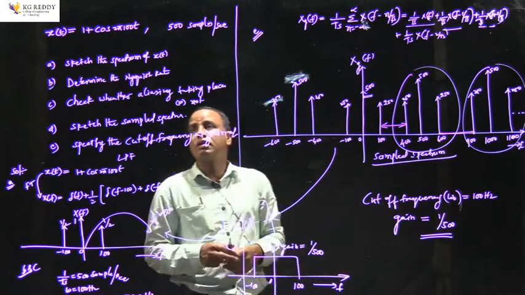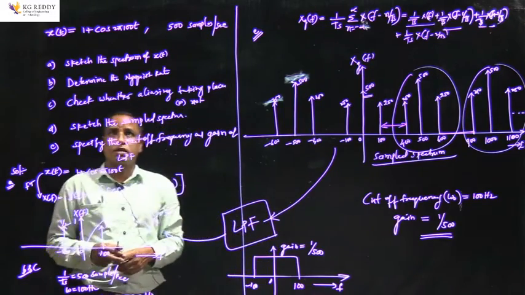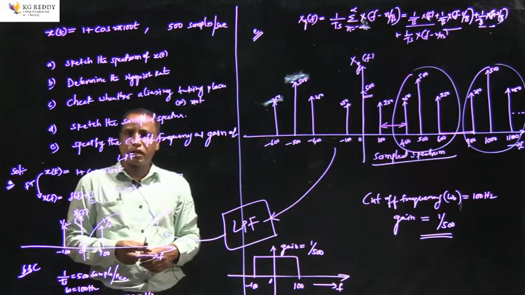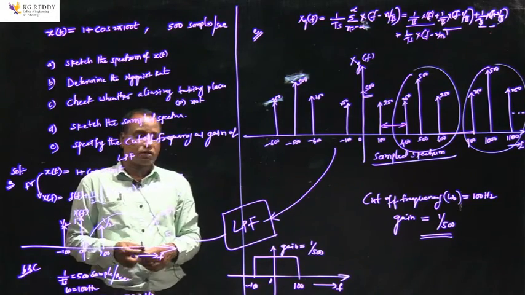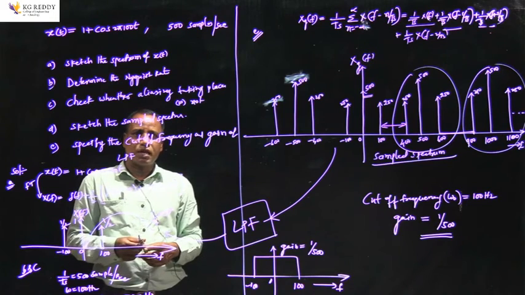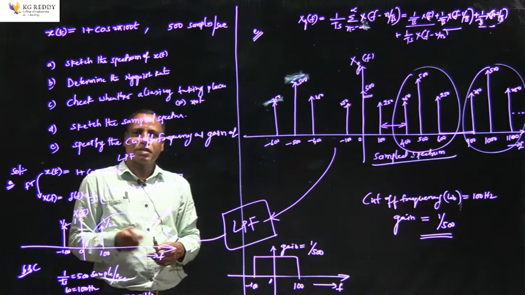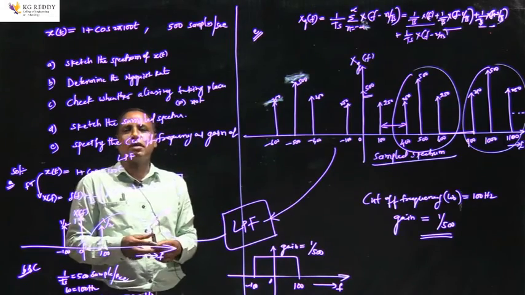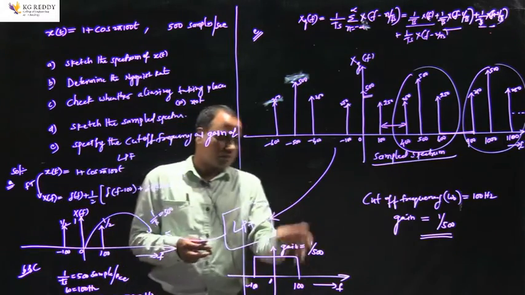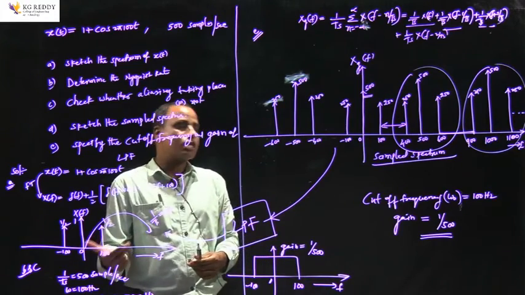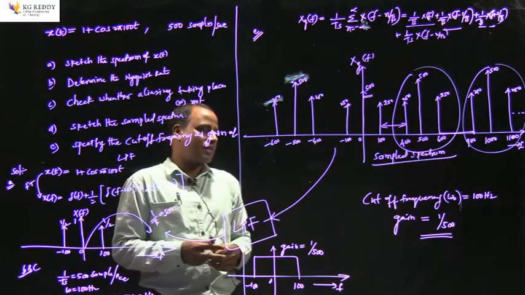In this way we can determine the spectrum before sampling, determine the Nyquist rate, check whether aliasing is taking place or not, sketch the spectrum before sampling and after sampling, and even design a low pass filter by which the original spectrum can be reconstructed from the sample spectrum.